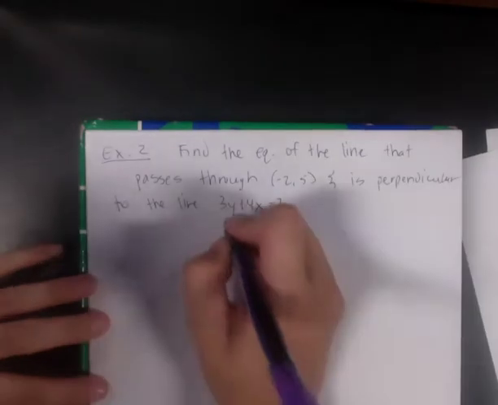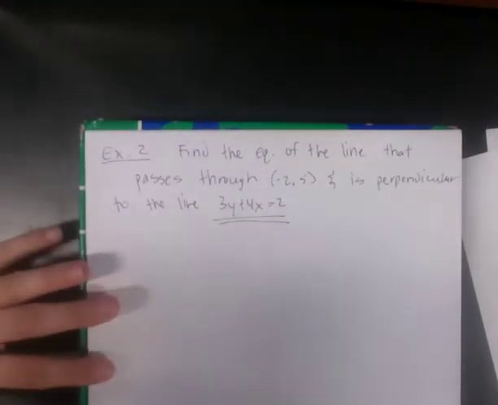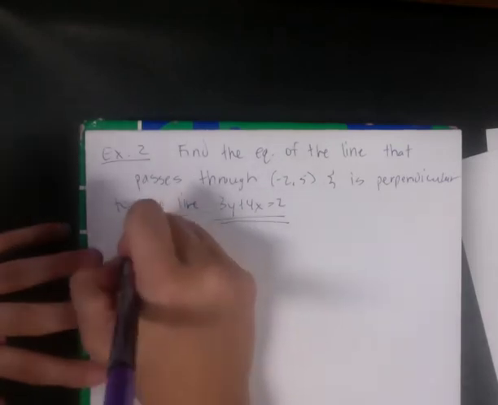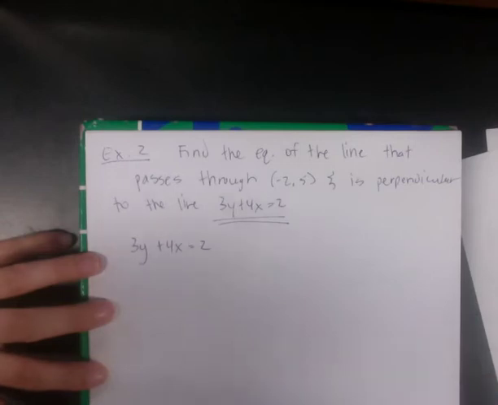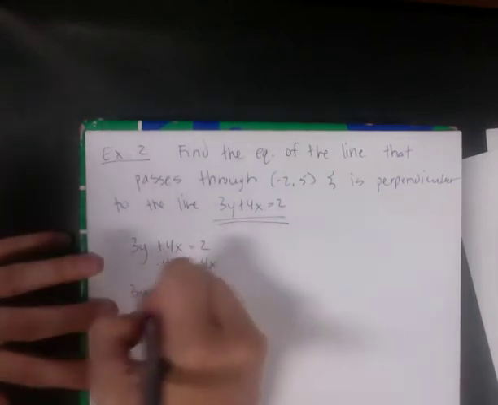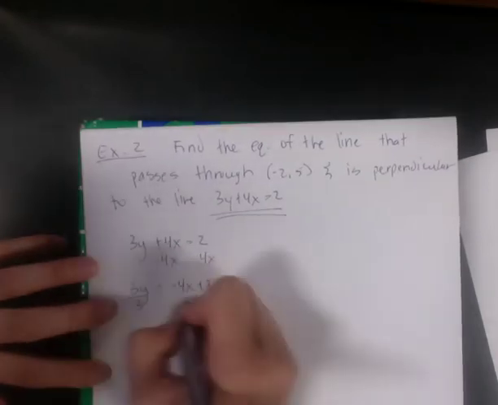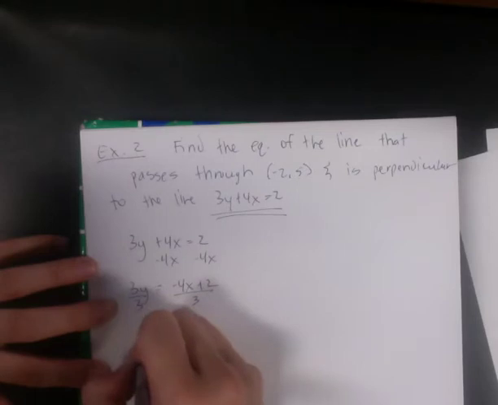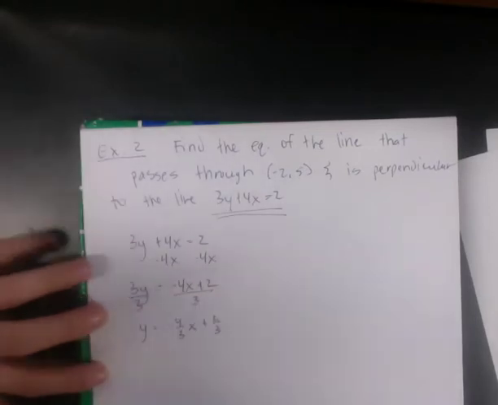The first thing I want to do is change this equation into slope-intercept form. So 3y plus 4x is 2. I'm going to bring my 4x over. So 3y is minus 4x plus 2. And I'm going to divide everything by 3. So y is -4/3 x plus 2/3.